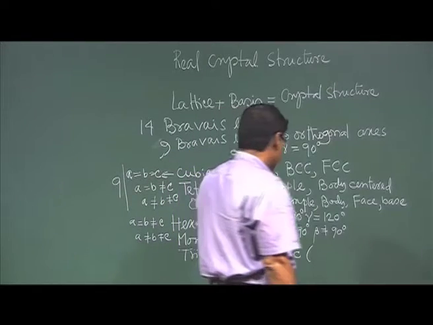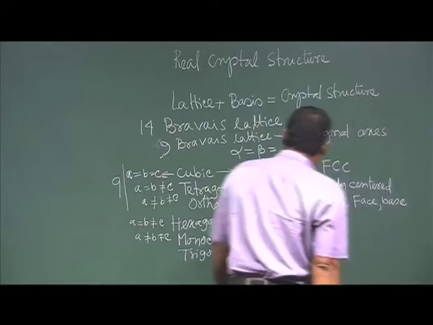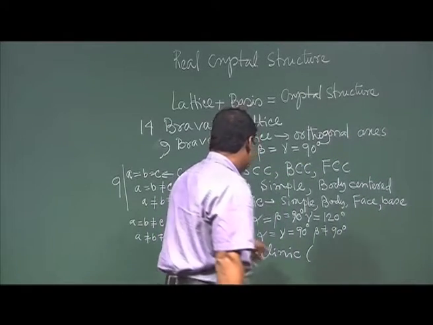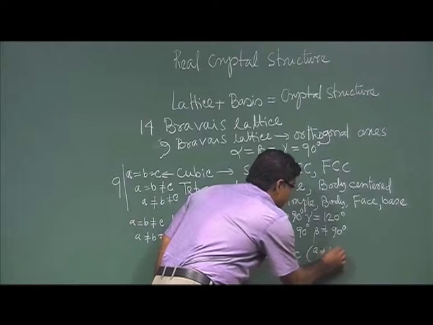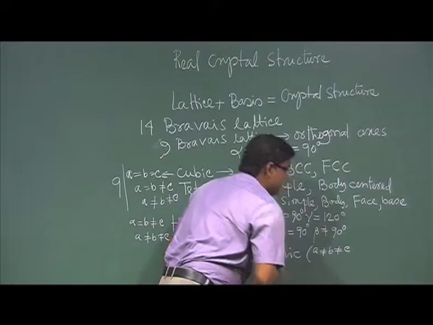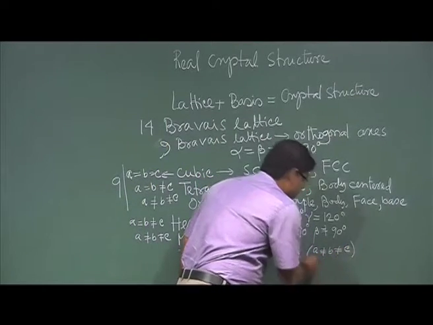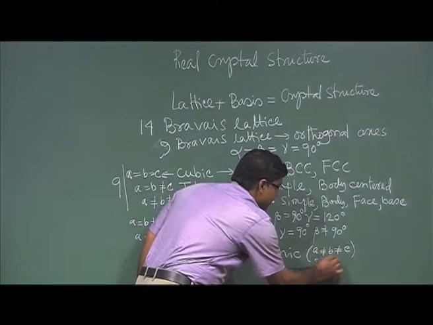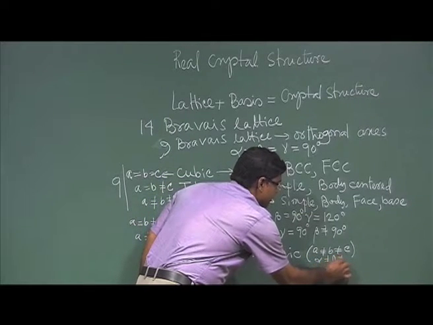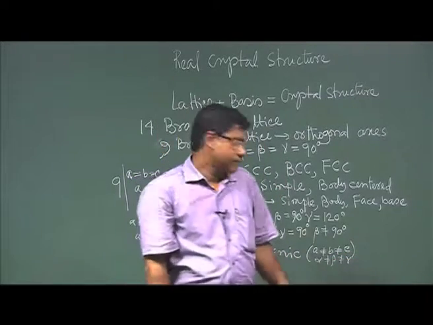For triclinic, A is not equal to B is not equal to C, and the angles are different, alpha is not equal to beta is not equal to gamma, okay.